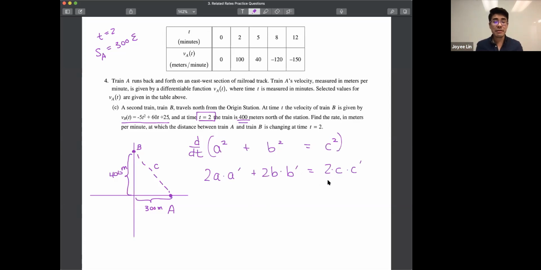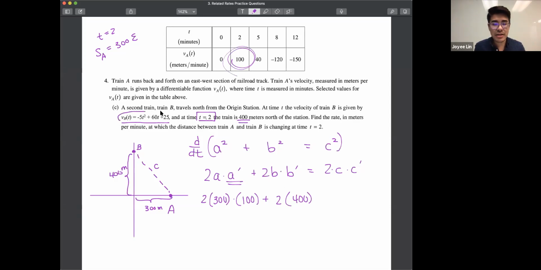So now we can plug in the values. So what do we know? We know that the position of A is 300. We need to find the a prime, which is the velocity of A when t is equal to 2. It's given to us in the table. All right, so that's 100. What about B? So B is 400 meters north. And then what's the velocity?